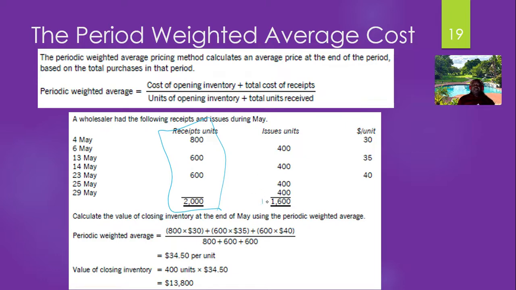And these ones were the issues, and you can see from the formula that the issues should be ignored. So how do we calculate the value of closing inventory? For us to determine the value of closing inventory, we have to use this formula.